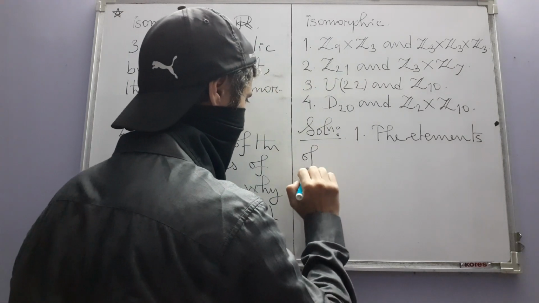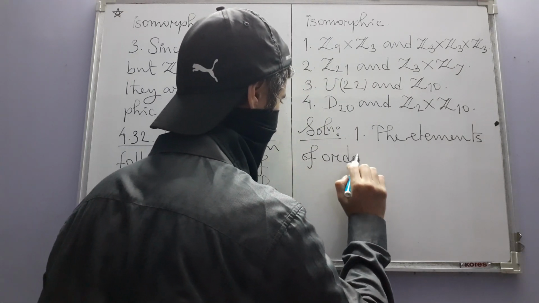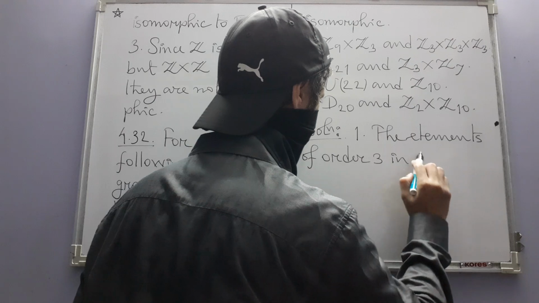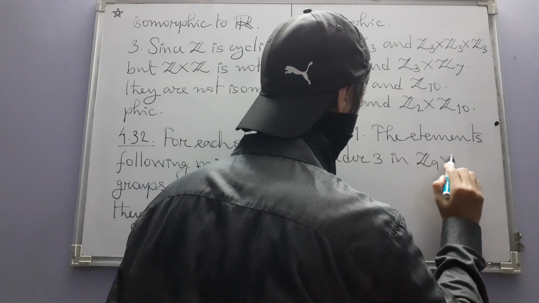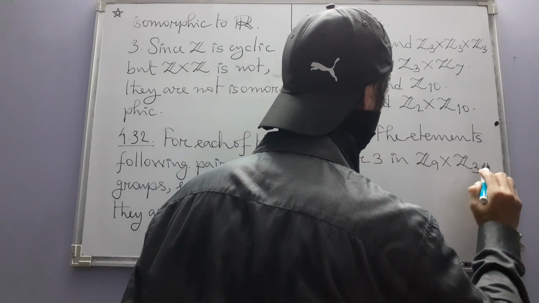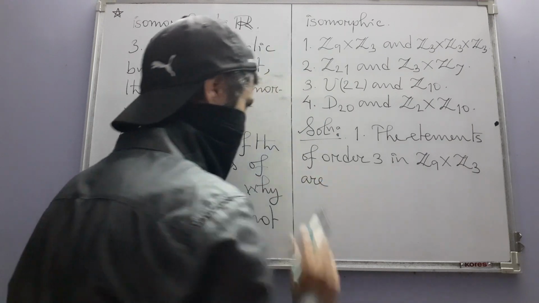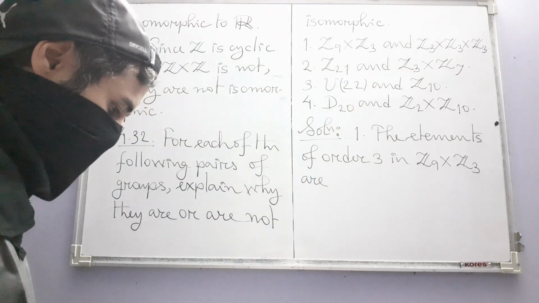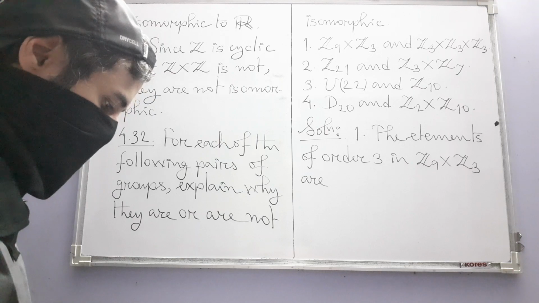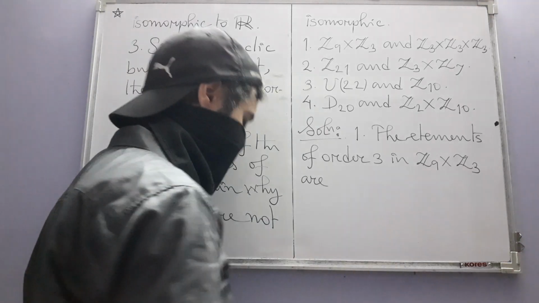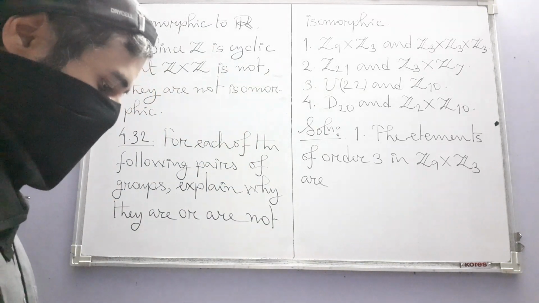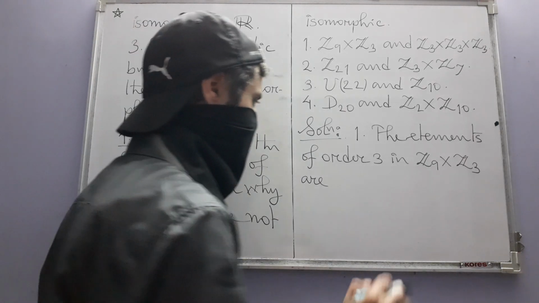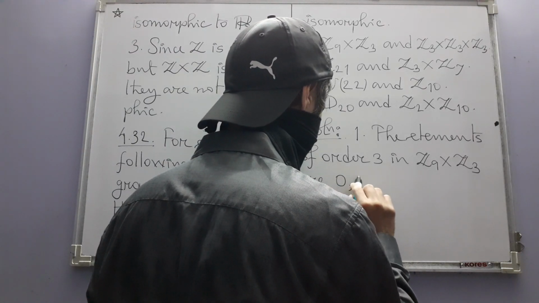The elements of order 3 in the first group are these elements. Well, the first factor is Z9, so there will be quite a few options. Anyway, so these are the elements.